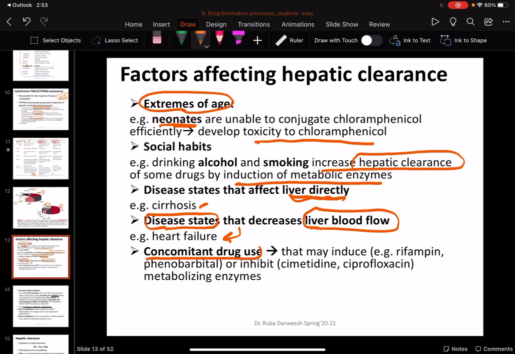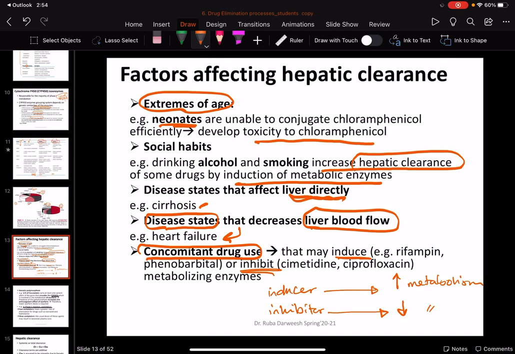The concomitant drug use is related either to the presence of inducers or inhibitors, as we mentioned a minute ago. If we are having an inducer, then it means that the metabolism of the drug of interest increases, rather than if we are having concomitant administration of an inhibitor, which would decrease the metabolism.